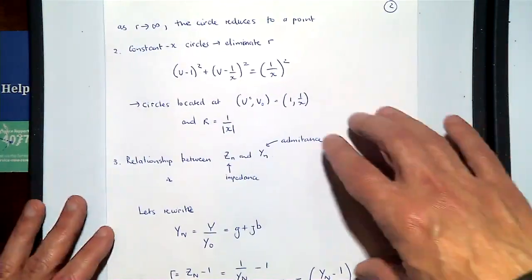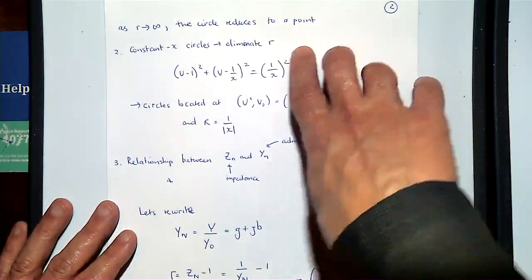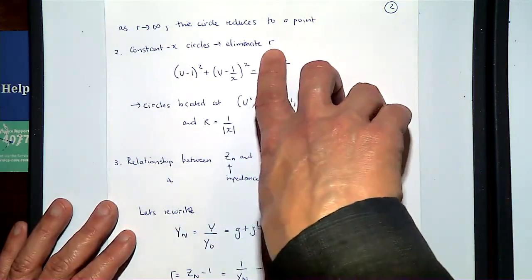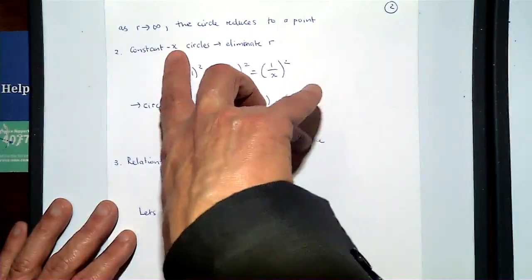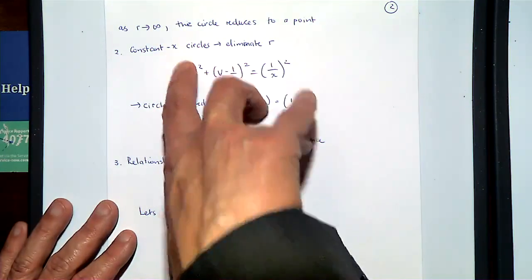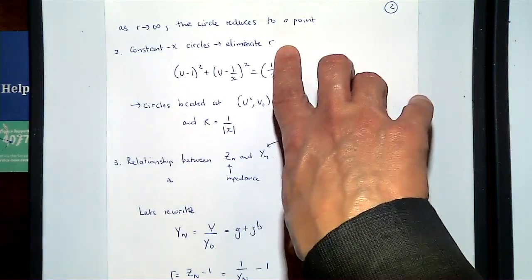Likewise, if we do the following process in order to eliminate R, which is the real part, we come up with circles which are essentially constant reactance circles on this graph.